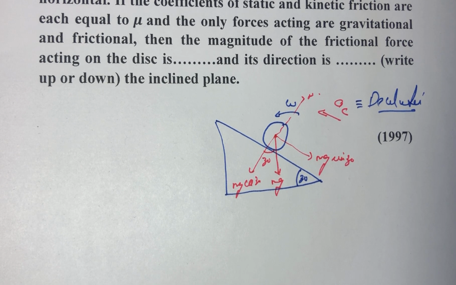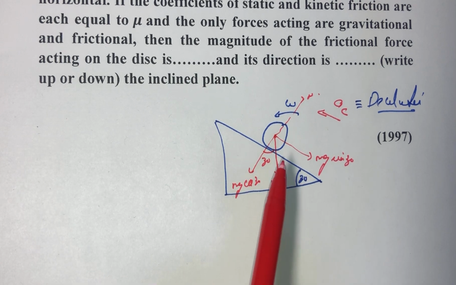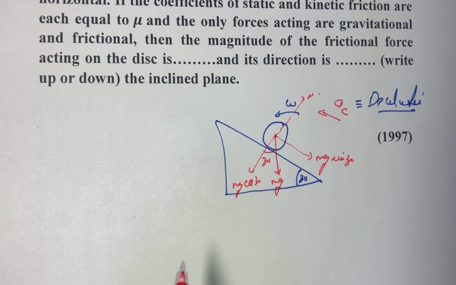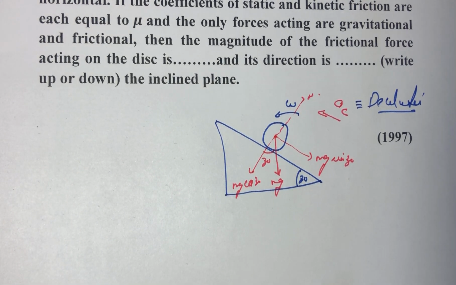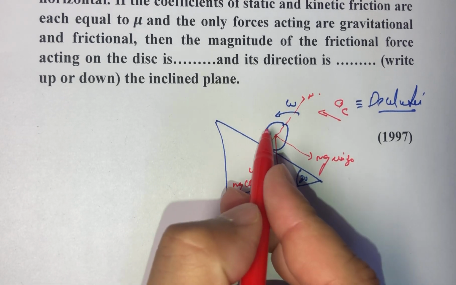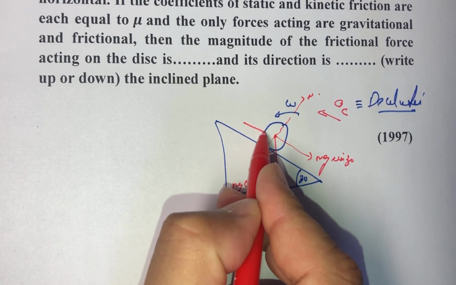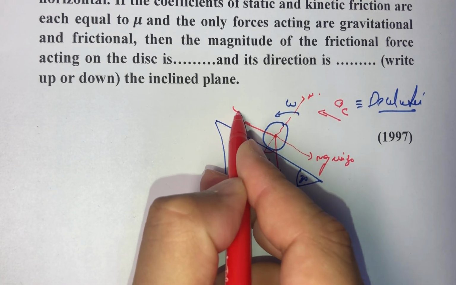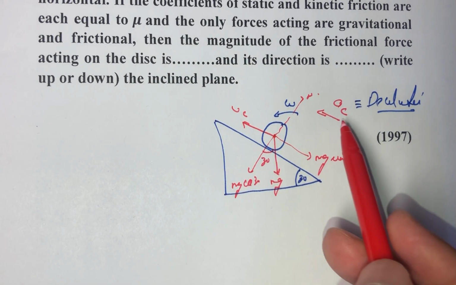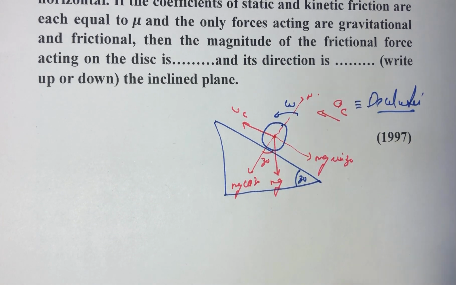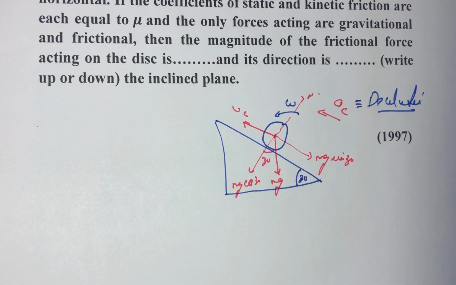So first of all, let's find out the direction of the frictional force. Let Vc be the velocity of the center of mass, and AC is nothing but the acceleration of the center of mass, or we can say deceleration.